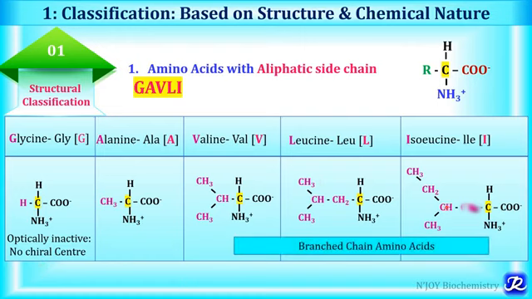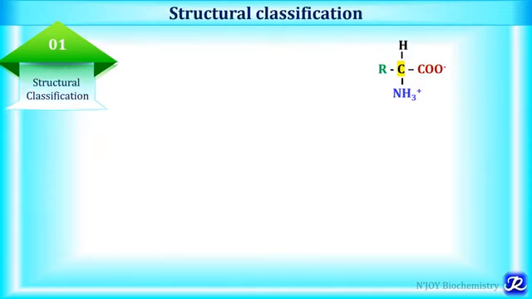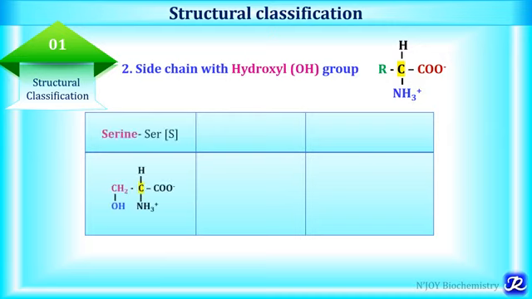Valine, leucine and isoleucine have branches in their side chains, and that's why they are called branched chain amino acids. The second group in structural classification is the amino acids having a side chain with a hydroxyl, that is OH group, and the examples are serine. In the structure of serine, the hydroxyl group is attached here.